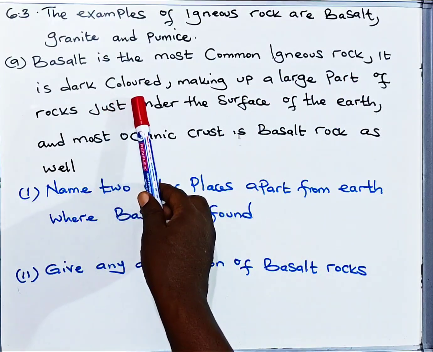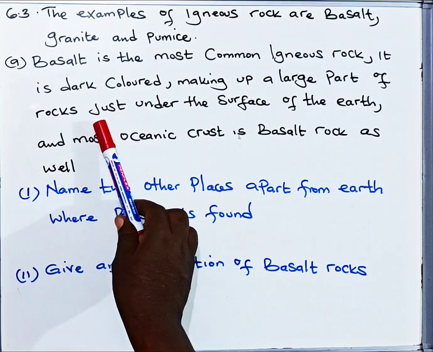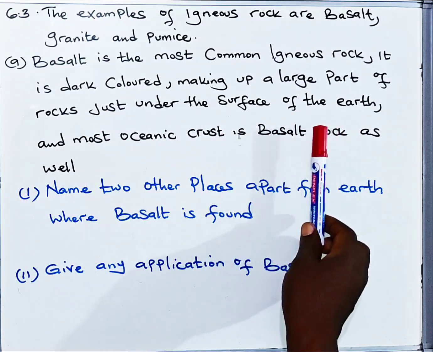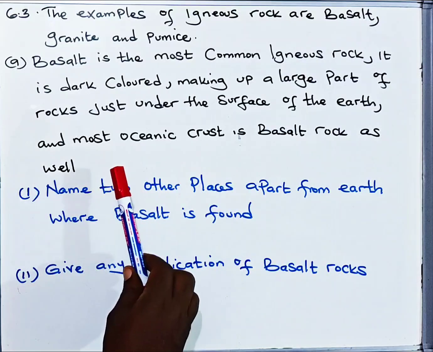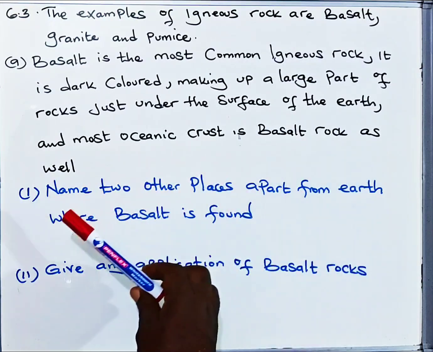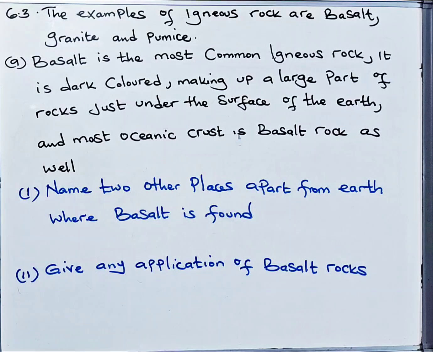It is dark colored, making up a large part of rocks just underneath the surface of the earth. And most oceanic crust is basalt rock as well. Basalt is actually the most common rock on earth.